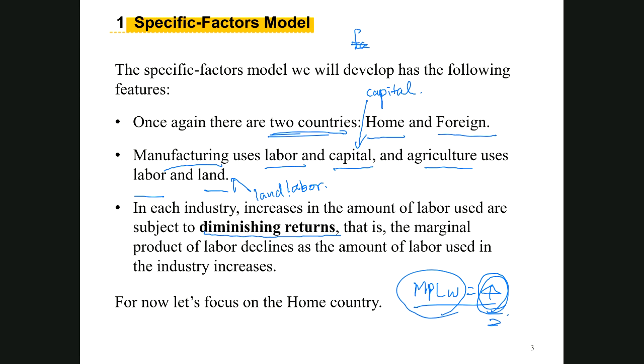But this is another case when we consider another factor. We have the diminishing return of the factor. Can anybody tell me why this is the case if you have two factors? You could give me an example, you could use a mathematical equation, you could use economic logic, anything. So think about that.